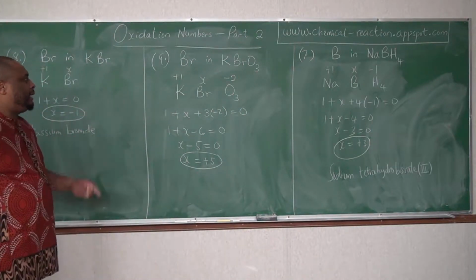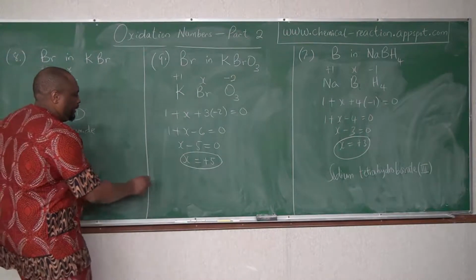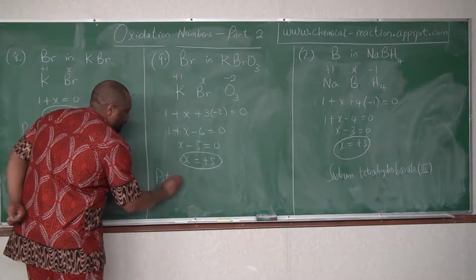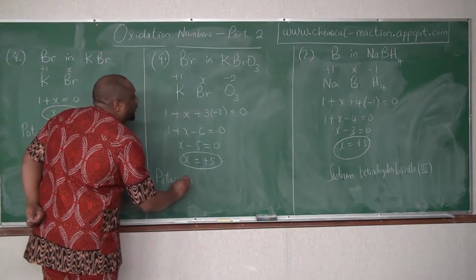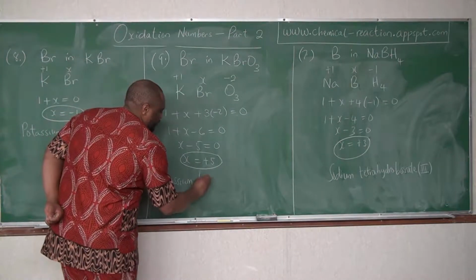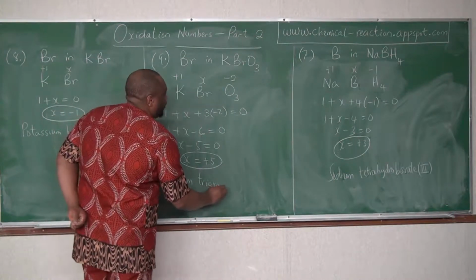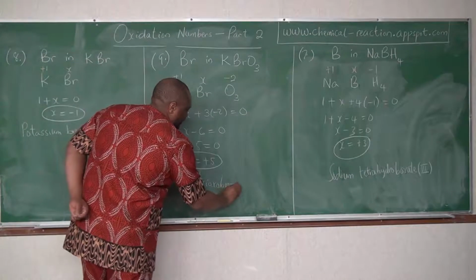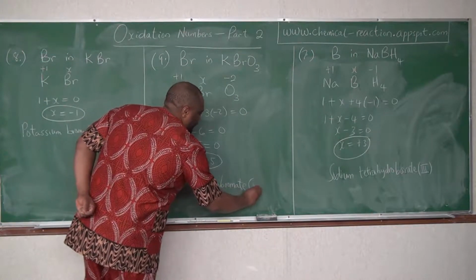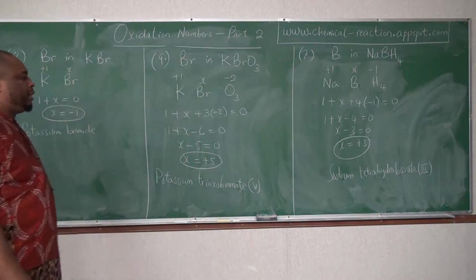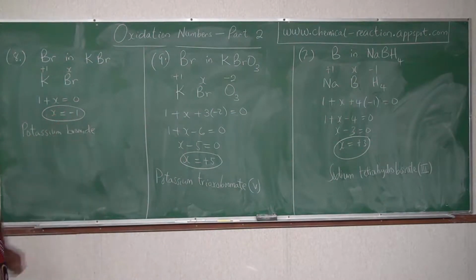So the IUPAC nomenclature for this is potassium trioxobromate(V). Potassium trioxobromate(V). That is the IUPAC name.